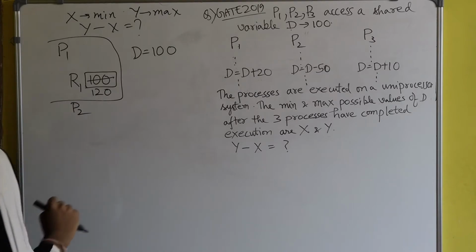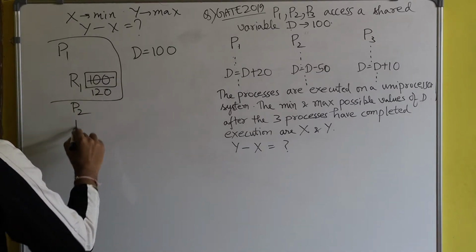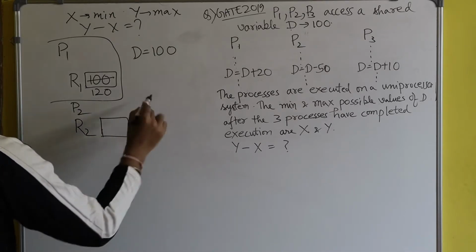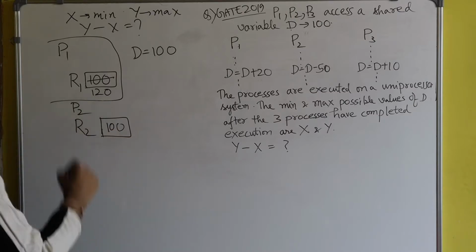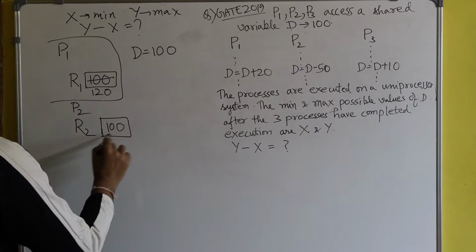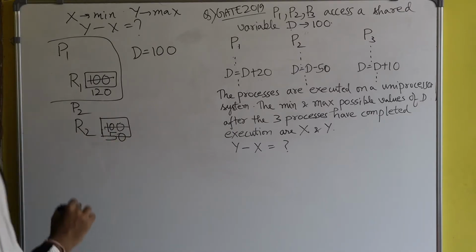So process P2 will read this value and store it in the register R2, which is 100. It will decrement it by 50, so 100 minus 50 is 50. The value of R2 is 50.